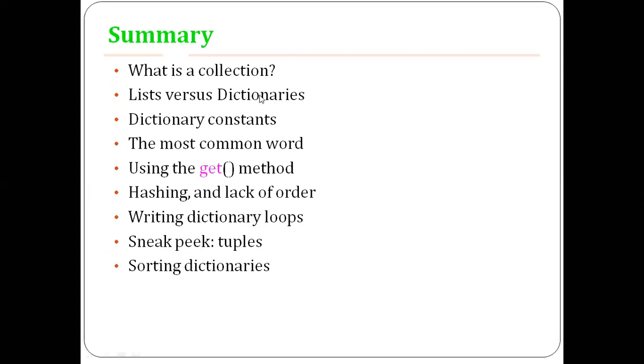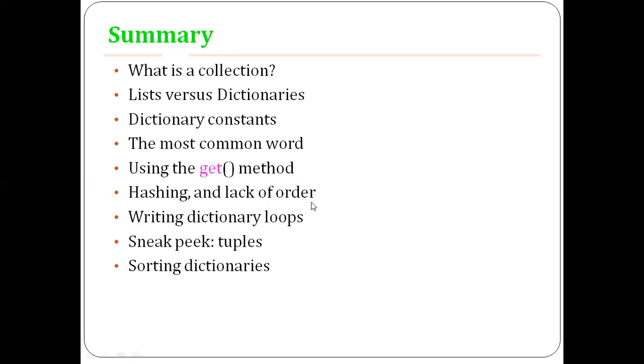In the last two sessions we discussed what we mean by a collection, the difference between lists and dictionaries, and the dictionary constants as well. We looked at how to make use of dictionary literals, the most common word example to count the number of words in a list using a dictionary, how to get the value and initialize each value, and hashing and the lack of order.